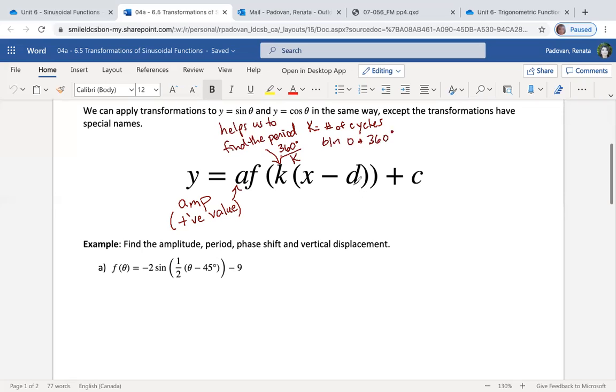So my D value is my horizontal shift, but in terms of the sine curve and cos curve, we're just going to call it a phase shift. And so we're moving it left or right. And for my C value, it's again just a vertical shift up or down. So we're going to call it a vertical displacement, because it's moving the graph up or down.